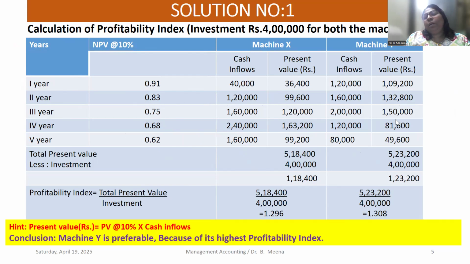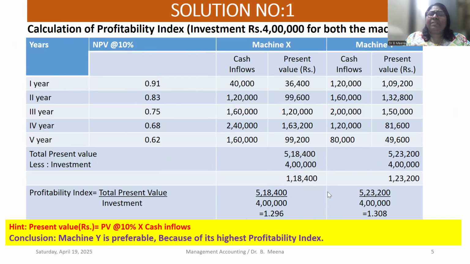Once I complete calculating the present value for both machines, I will sum the present values of machine X and machine Y, which is called the total present value. Then compare with my investment of 4 lakhs. So the profitability index is total present value divided by 4 lakhs, 1.296.